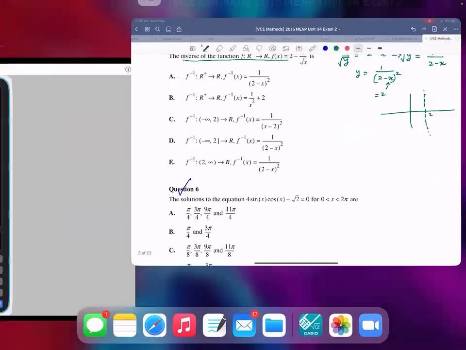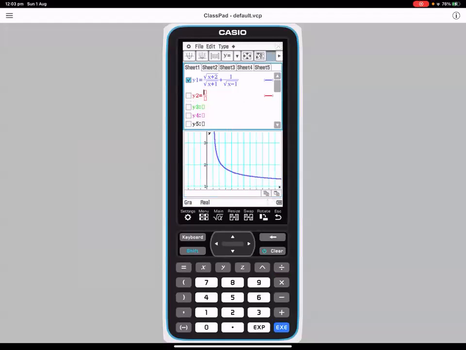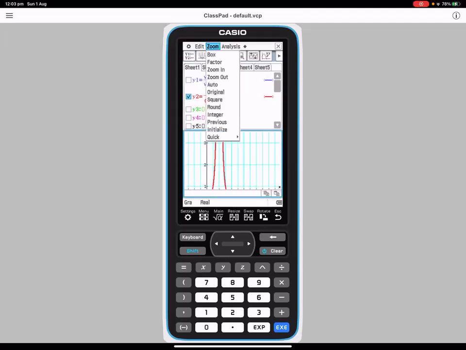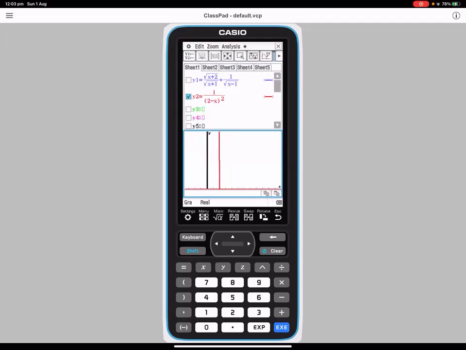So if you want, you can go here. 1 divided by 2 minus x squared. Okay. You can see how it looks like. See, it's a truncus. Right?